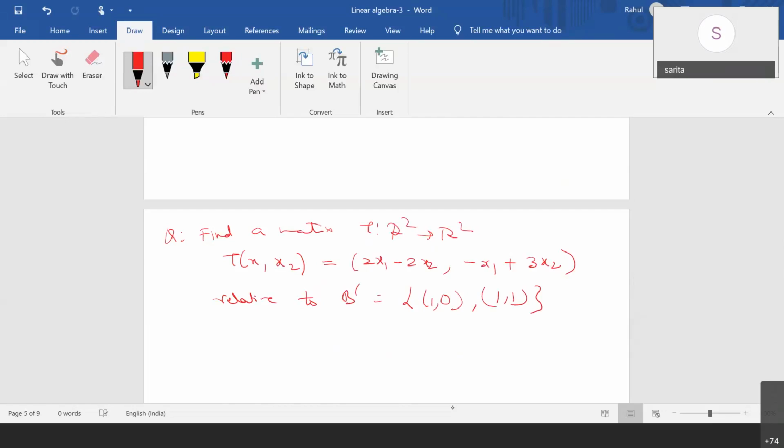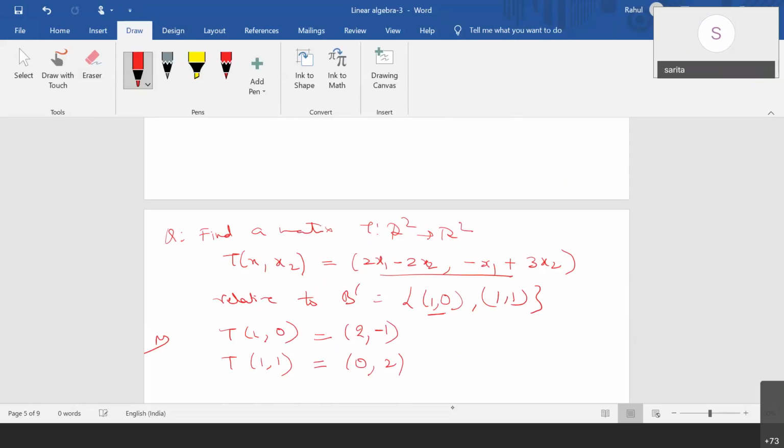So how may you make the matrix out of this? For this I need T(1,0). What is T(1,0)? If I substitute here, I get (2, minus 1). And T(1,1) I get is (0, 2).